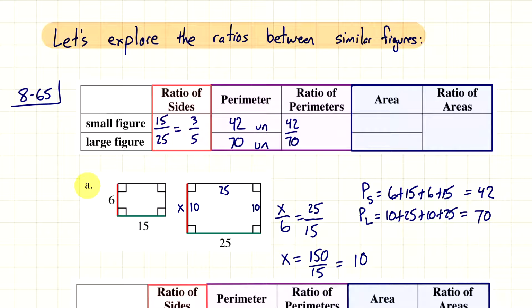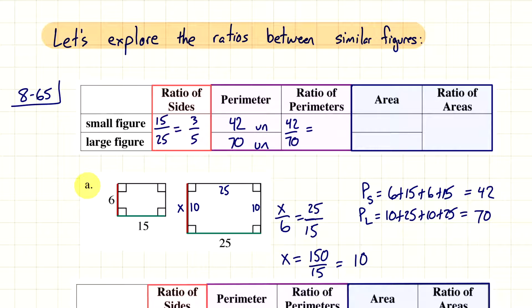So the question is, does that reduce? How small of a fraction can we reduce this to? Any ideas? Okay.